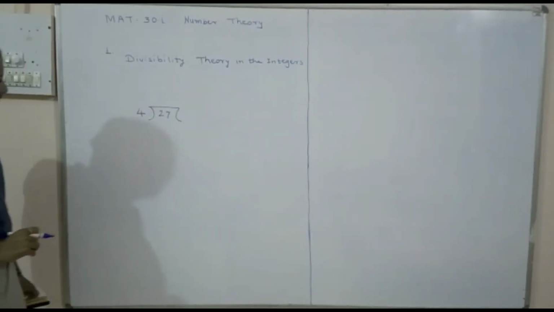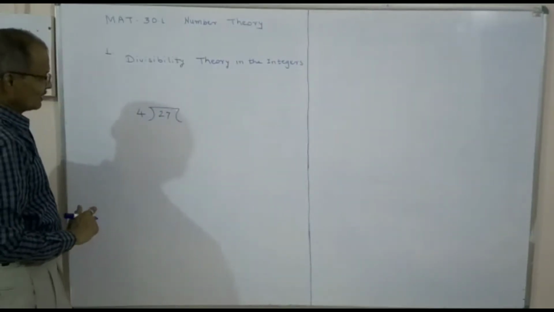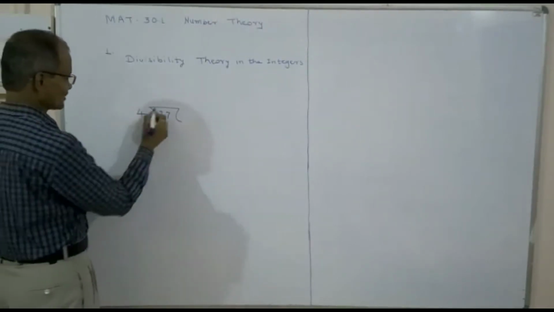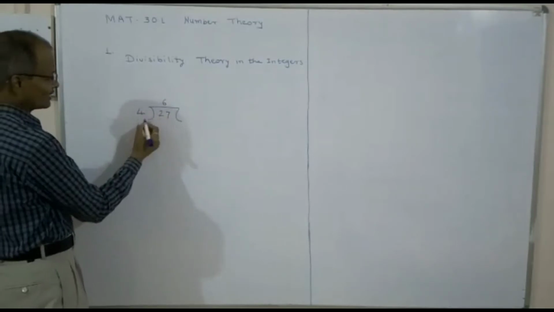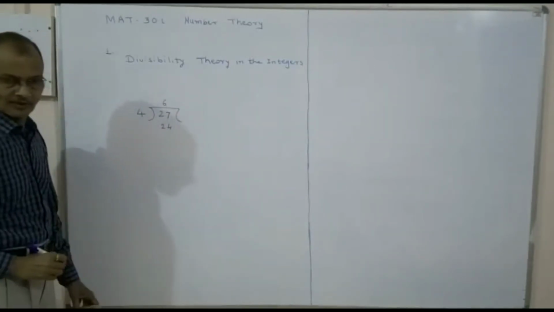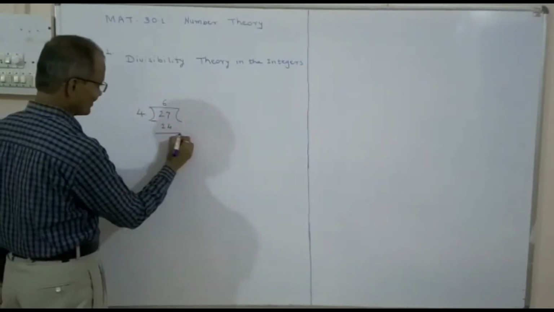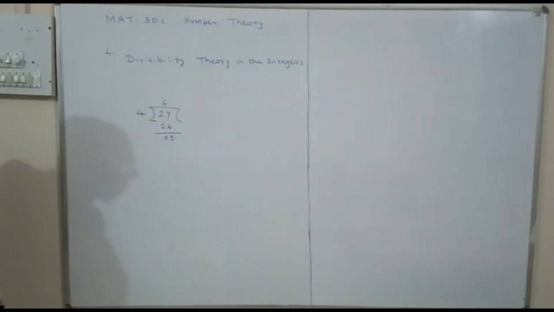Then what is the quotient here? The divisor first, apparently you see, is 6, and the product of 4 and 6 is 24. We subtract this 24 from 27 and we get 3. Now this is a simple division process.